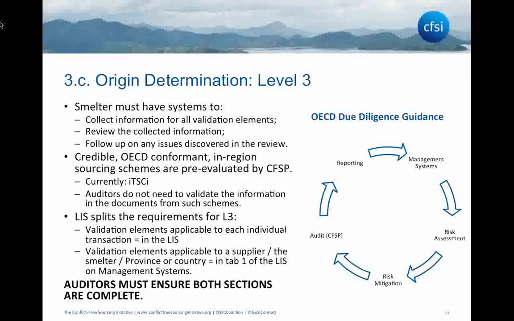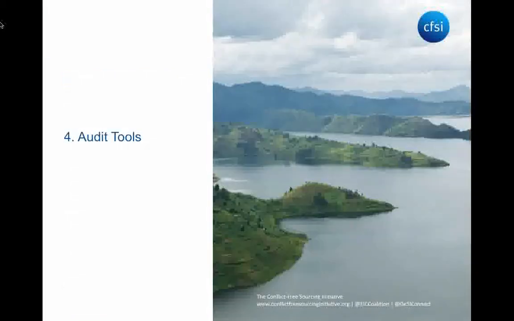So basically, just because it's not listed by transaction anymore doesn't mean that auditors only need to look at one supplier in the supply chain. You still need to cover 100% of those actors.